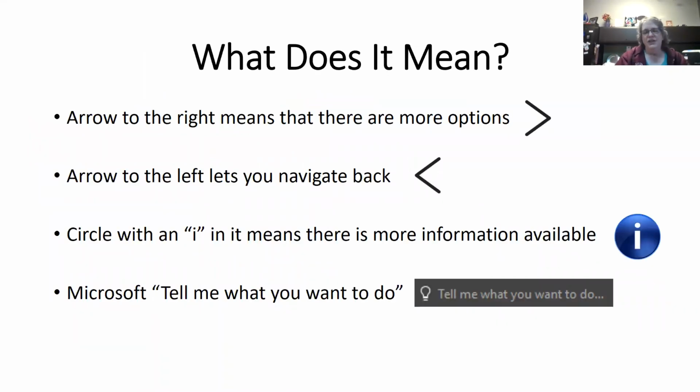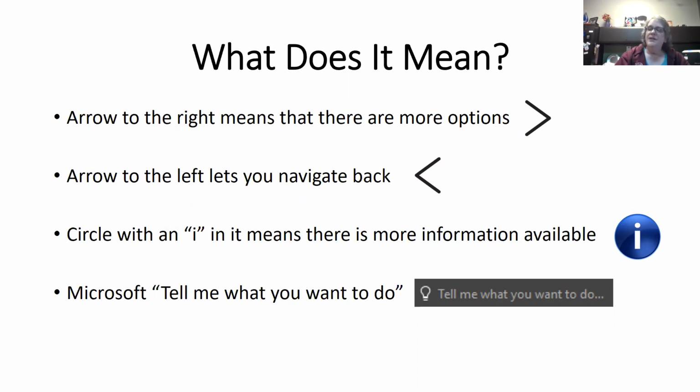Just before we launch into some of this, there are some things that, again, a lot of people don't even realize are there. If you see, especially on a mobile device, a right arrow like the one at the top of the screen here, that usually means that there are more options that are not immediately displayed on the screen.